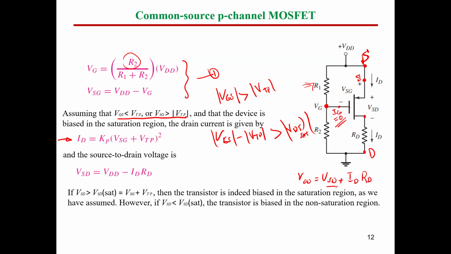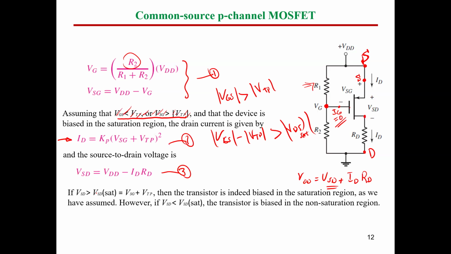In order to get VSD, move IDRD to the left-hand side. So the relation number 3 is VSD equals VDD minus IDRD. Get the value of VSD. And this is the correct condition, guys, that I mentioned; the one written here is a typo.